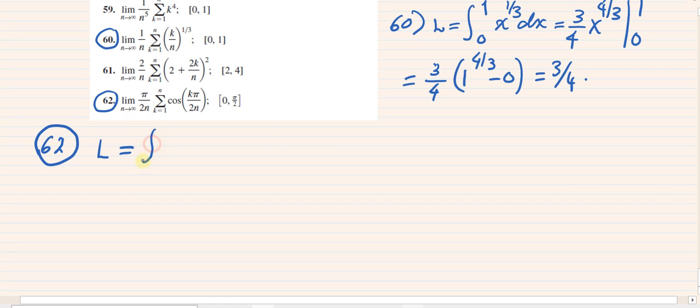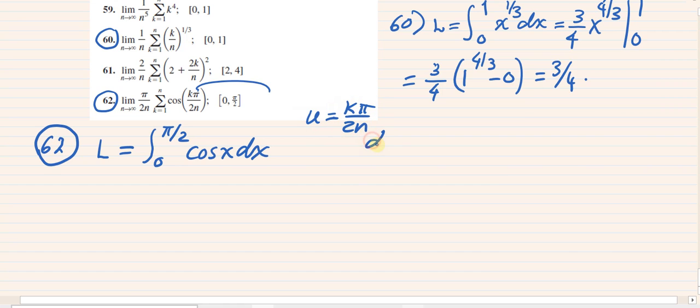So that's going to be the integral from 0 to pi over 2 of cosine x dx. And here, if you think about u as k pi over 2n, then du would be pi over 2n dx, right? And there you go, that's the front part that makes it work.